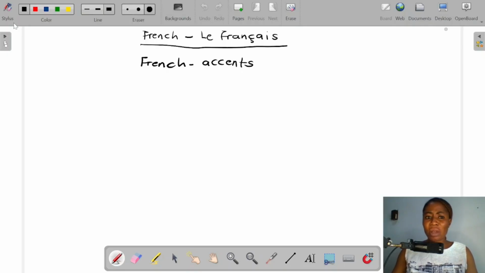Alright, so today we are going to look at French accents. Yes, French accents. You may have noticed that whenever you see French letters or French words, there are some slashes or dots or other marks on top of them, attached to them, going either this way or that way.